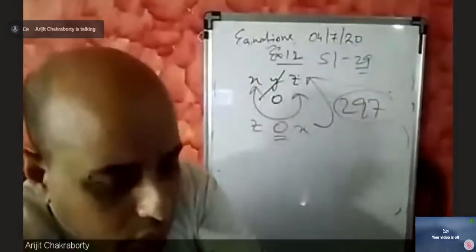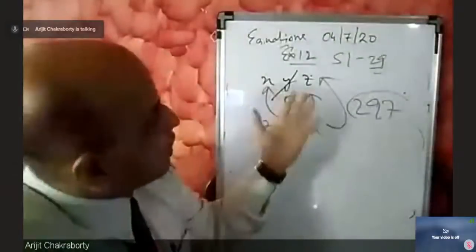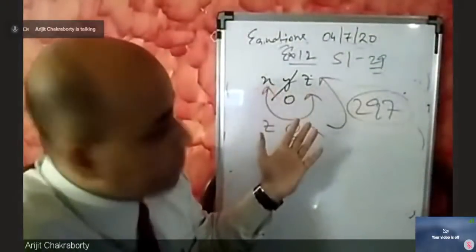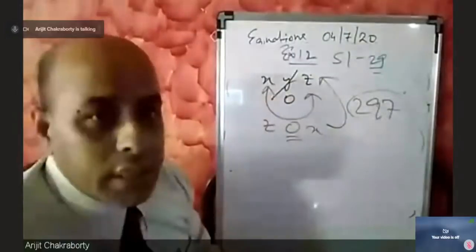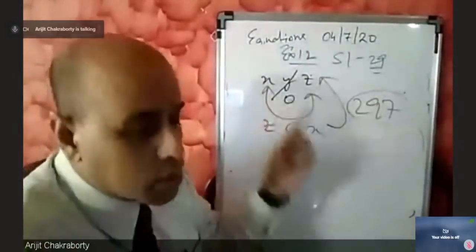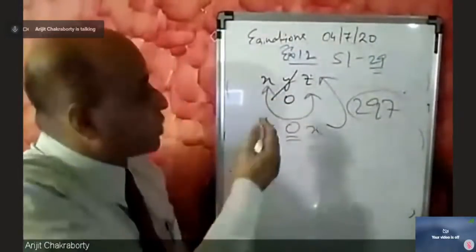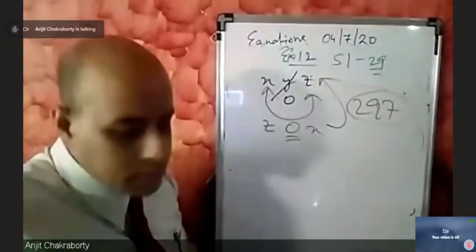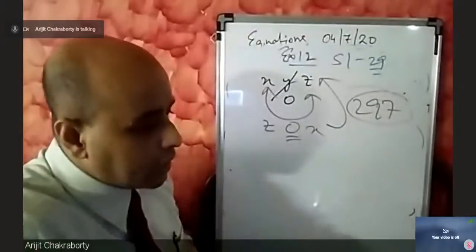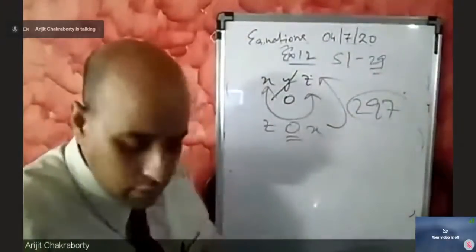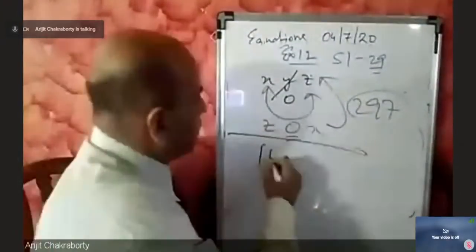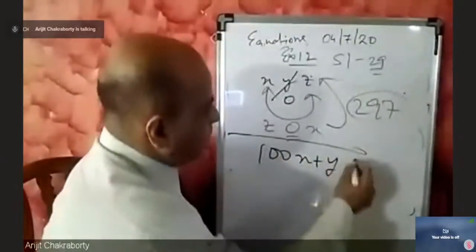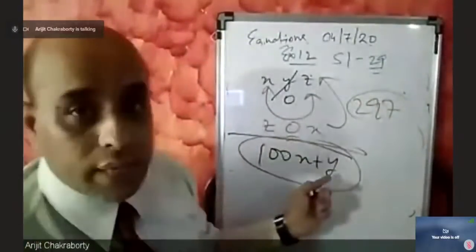Now, since the tens digit is 0, how to find the number? Since there is no middle digit, I will take it as 100x plus y. Why? Because there is nothing called tens.